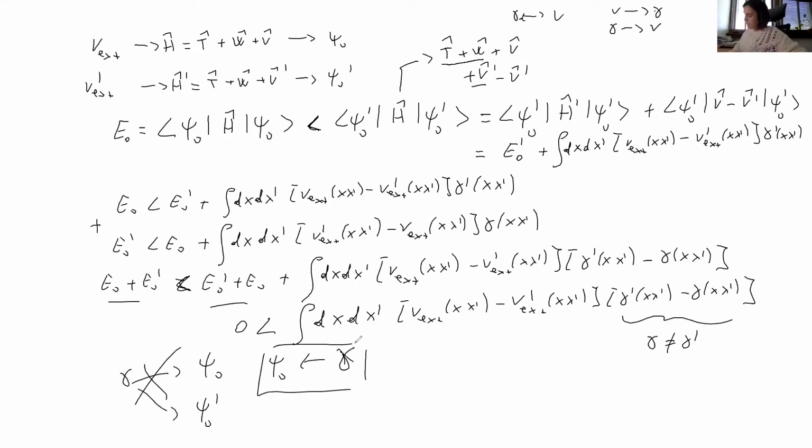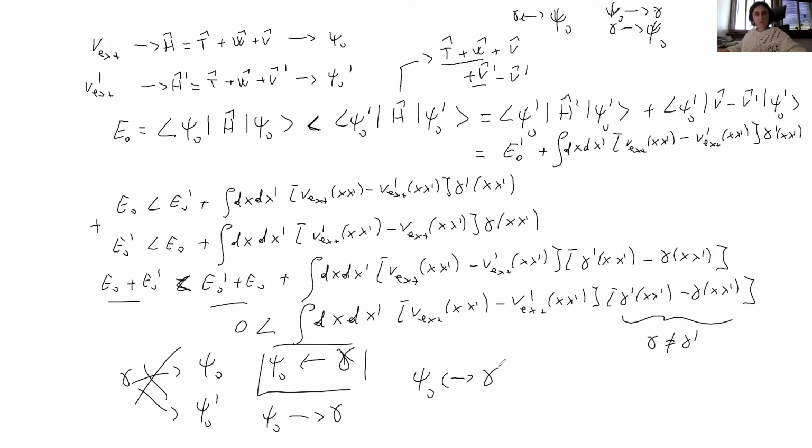Which is what we wanted to demonstrate. Up and down. Okay, so this, with the fact that we said that psi 0 itself defines your gamma, I have my one-to-one mapping for non-degenerate ground state. So this is what we want.